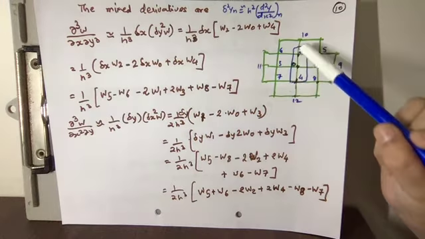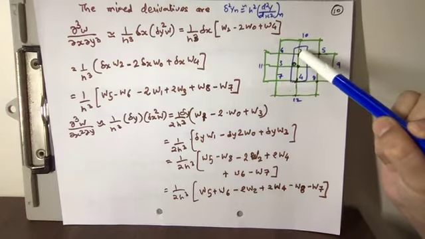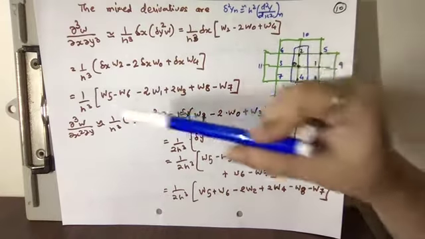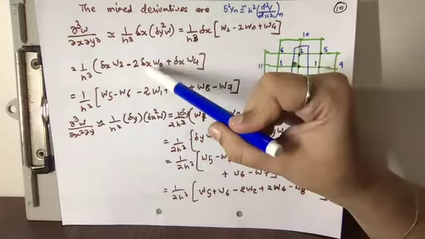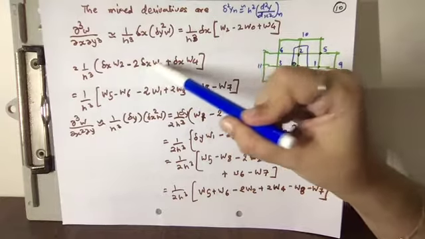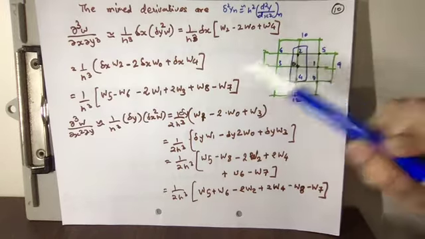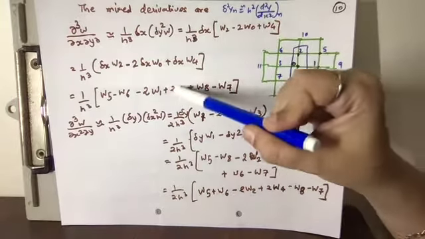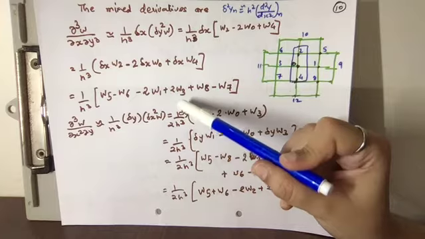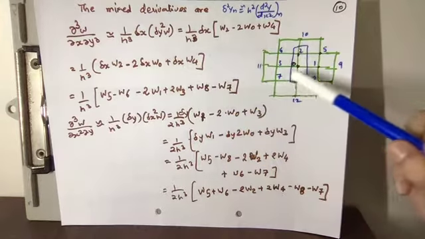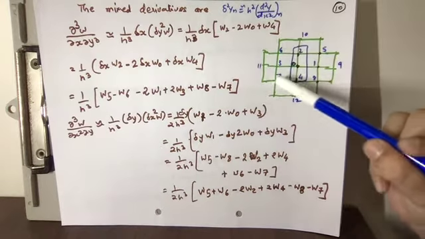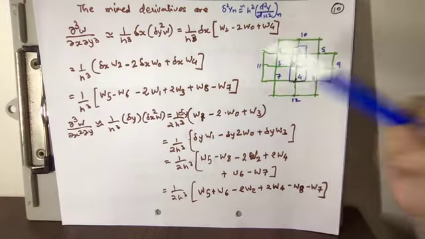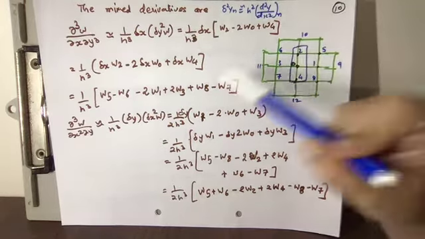Where W2 is here, when we write the difference equation of this, we can write W5 minus W6. For W0 we have to write the difference equation, so W minus 2W1 plus 2W3, because there is a minus sign, plus W4, we have to write in this direction the central difference equation, that is W7 minus W8.